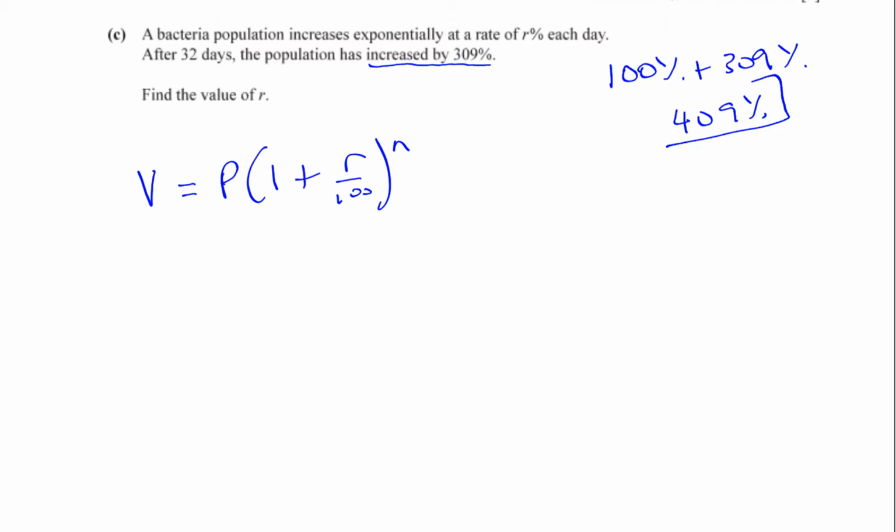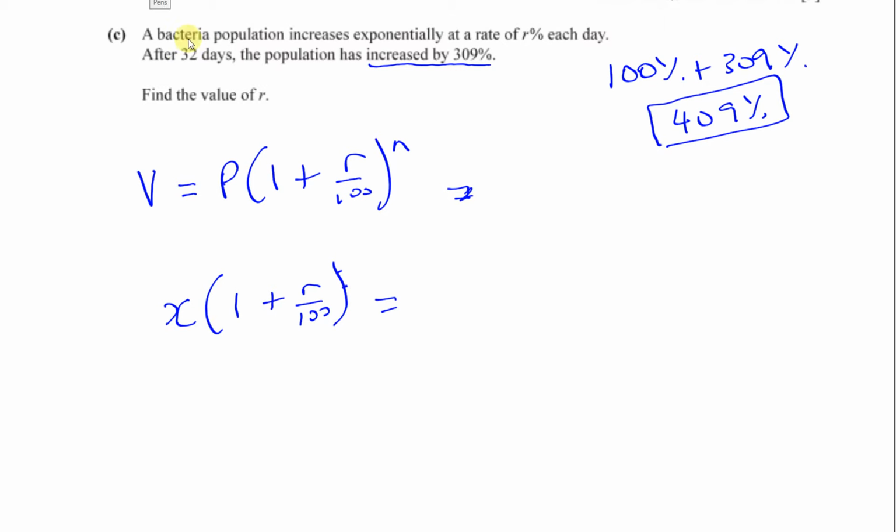The new value is 409% of what it was. Let's say the original value was x. You do 1 plus R over 100, where we don't know R and have to find it, to the power of 32 is equal to, let me write that a bit clearer.